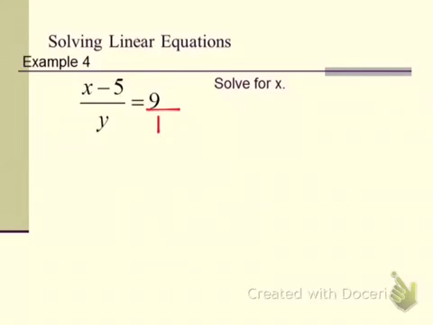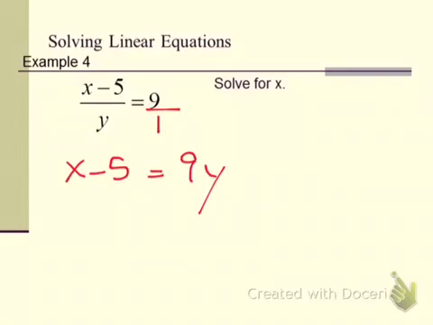You cross multiply, right? So we can write the 9 over 1, and then we have 9 over 1 equals x minus 5 over y. And then we just cross multiply. 1 times x minus 5 is x minus 5 equals 9y. Plus 5. That's pretty easy to think of it that way rather than multiplying by y.